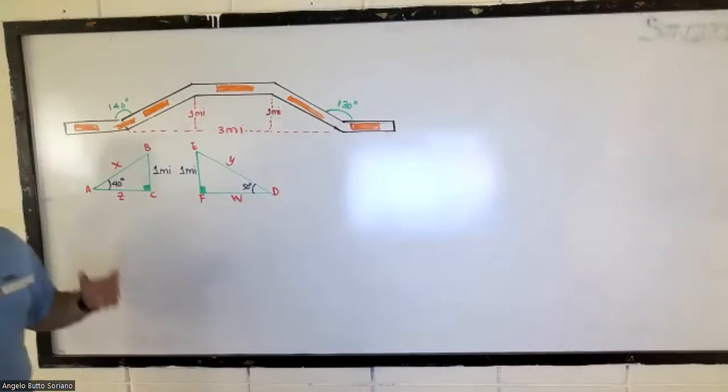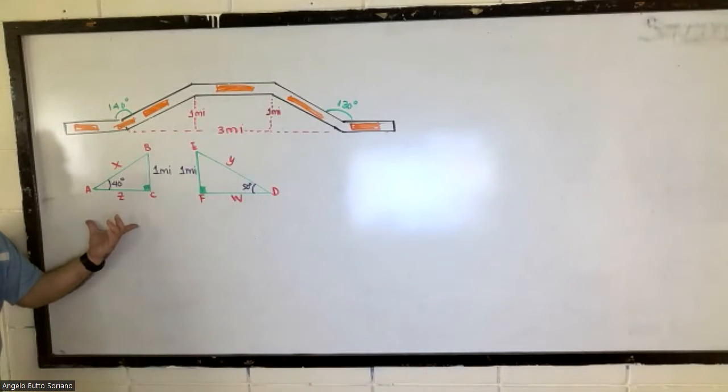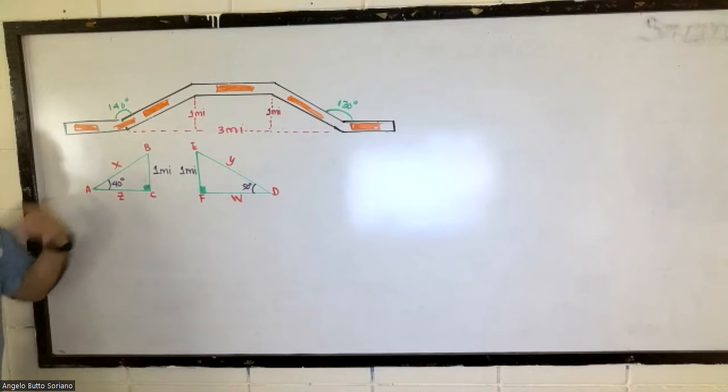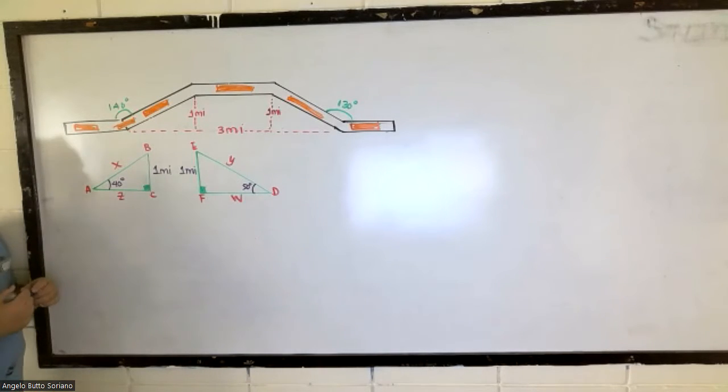How can we perform that? For example, in the first right triangle, if you really want to know what the X value will be, we can use SOHCAHTOA. 1 mile could be useful as the opposite side, and X will be the hypotenuse.